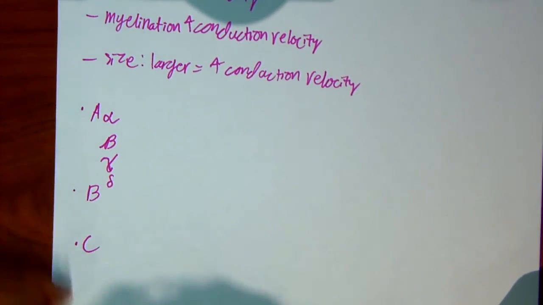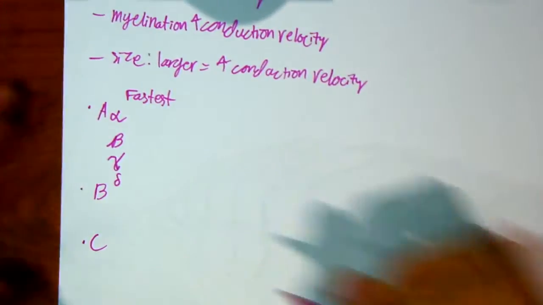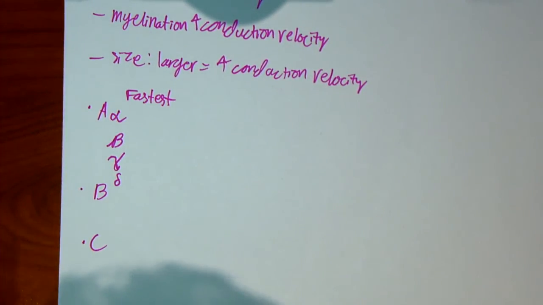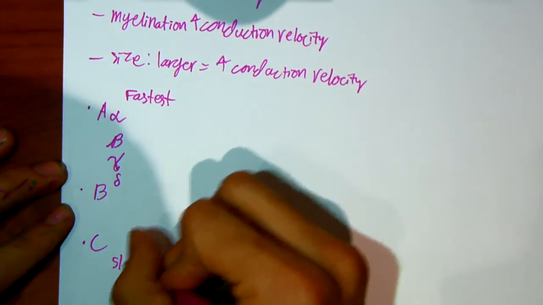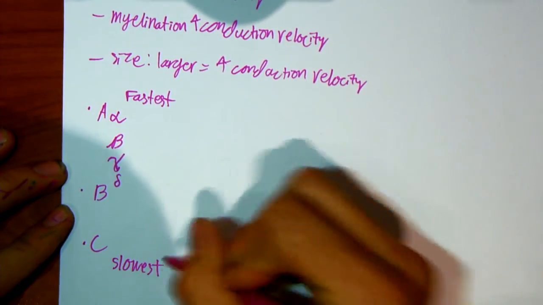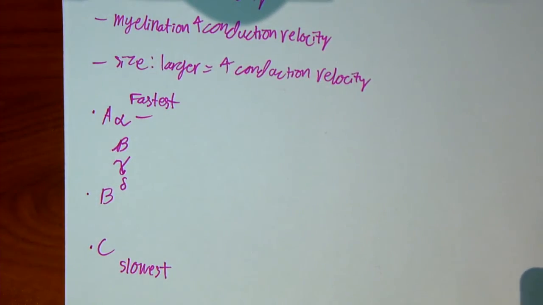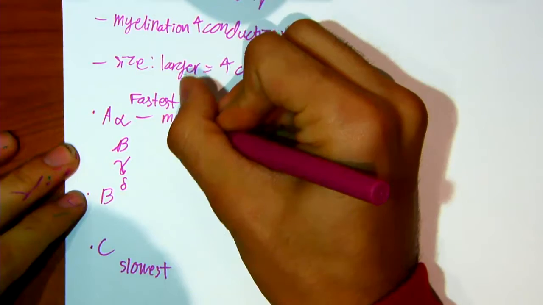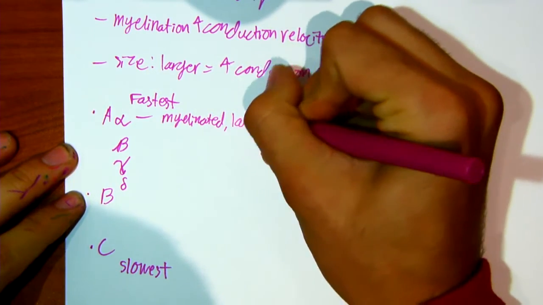So starting from which end would be the fastest conduction velocity? So A alpha, we're going to say is the very fastest. So which end would be the slower end? Yeah, I'm talking about the whole list. So in the whole list, the C-type neurons are the slowest. So are A cells myelinated or unmyelinated? They're myelinated, and they're large.